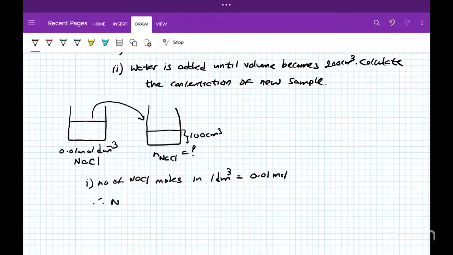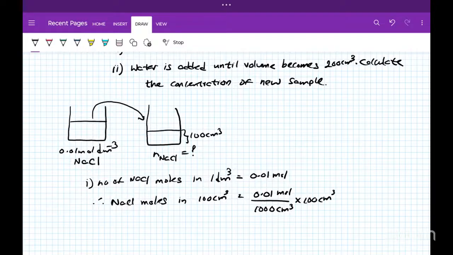Therefore, NaCl moles in 100 cubic centimeters. So 0.01 moles is within 1000 cubic centimeters. 1 cubic decimeter is 1000 cubic centimeters. Then how much is in 100 cubic centimeters?